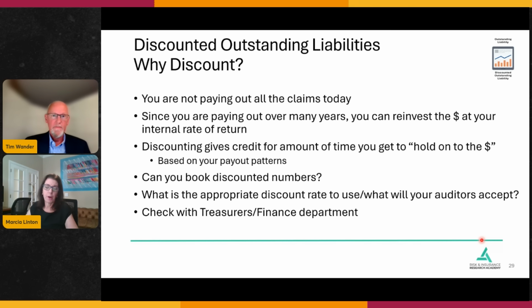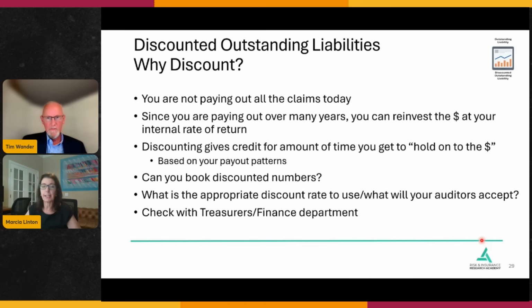And then also, I had mentioned earlier, your audit firm too, because, long time ago, people might have been using really high discount rates, like their internal rate of return. Let's say they said our internal rate of return is 15%. The higher that discount rate you use, the lower the discounted reserves are going to be. And your audit firms often don't want you to use something like that because it's artificially lowering the number, and they're going to want you to use more of a risk-free rate of return.